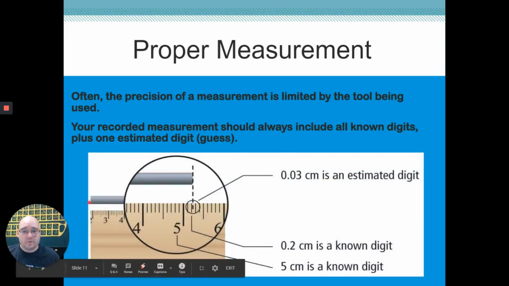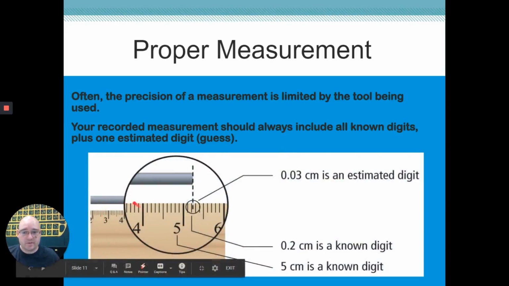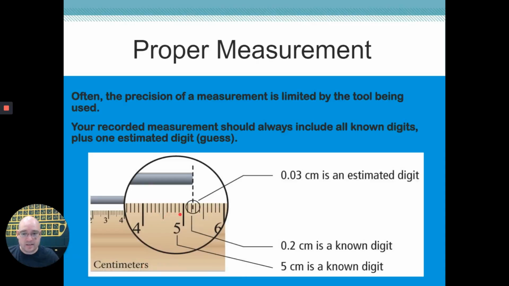So if I'm looking at this ruler, it's measuring this rod here, and you have centimeters. They've magnified this so you can see it a little bit better. But we know that this is 4 centimeters, 5 centimeters, and then each one of these tick marks is 1, 2, 3, 4, 5, 6, 7, 8, 9, 10. So there's 10 tick marks here.